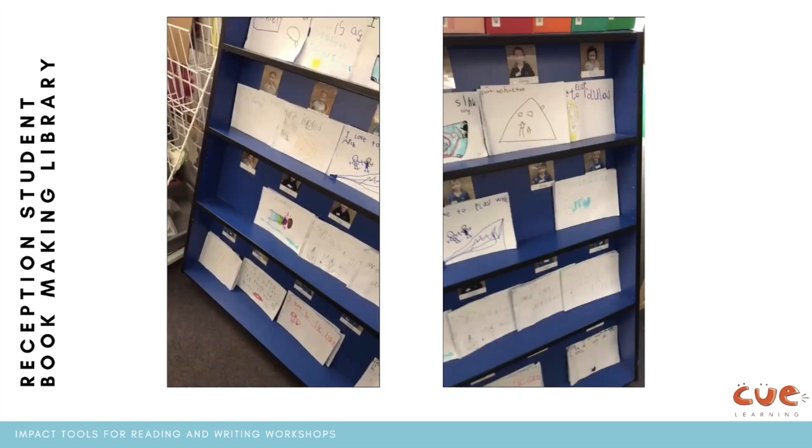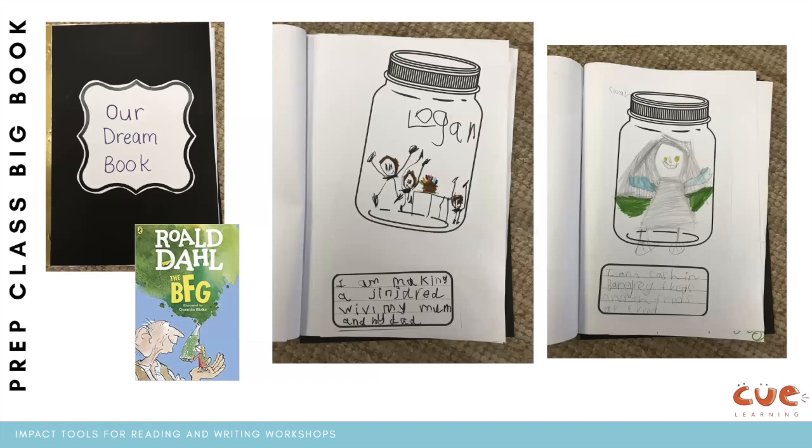So there's a photo, their name, and you'll see the books that they've made. This is like the publisher's library, the class publishing library. So this is fair and square in the classroom library, so that we can also go to the books that have been made by those in our class. All right, we're moving to another first year of school class, and it's an example of a big book that's been made.